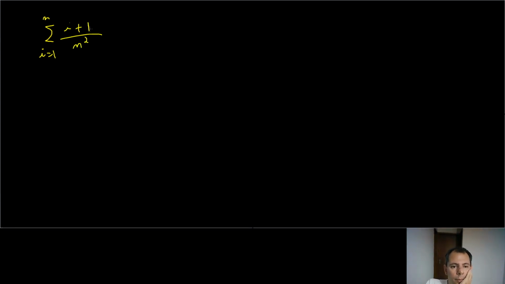Now, guys, remember that when you have this thing here, this denominator is dividing the whole numerator, okay? And this n is a constant. It's not going to change as i changes. As i changes from 1 to 2 to 3 to 4, this n squared is fixed, okay? Whatever it is.